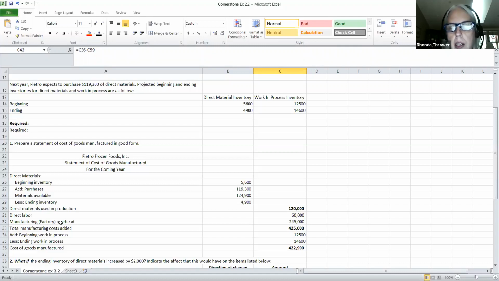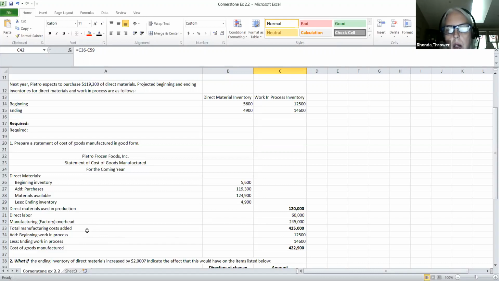Manufacturing overhead, the factory overhead, would consist of all the factory overhead accounts other than direct materials and direct labor. So things like indirect materials, indirect labor, those are a part of factory overhead.